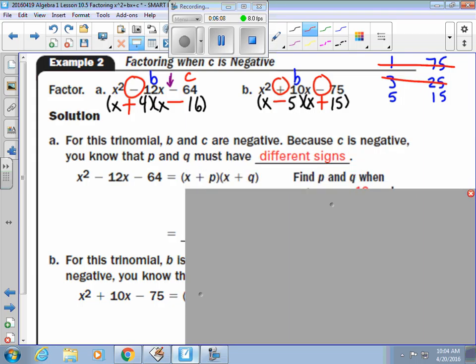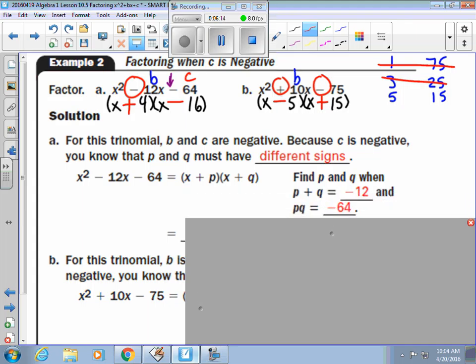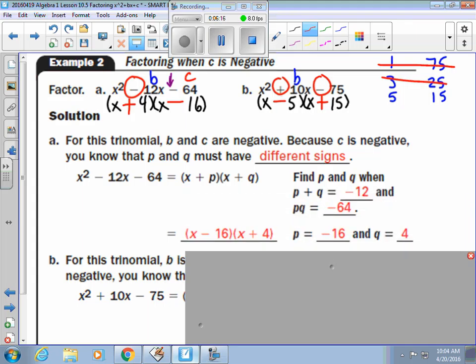This just says they have different signs. This is what I already said, and it tells you a whole lot about P and Q that you don't really have to fool with. But when you factor it out, you get 16 and 4. Notice they just have it in a different order than I do, but the 16 is negative and the 4 is positive.